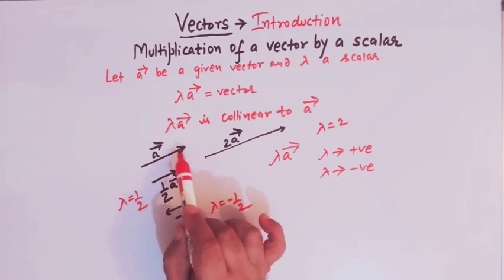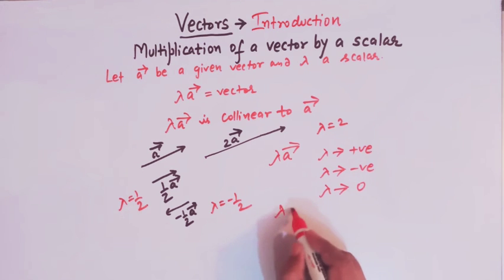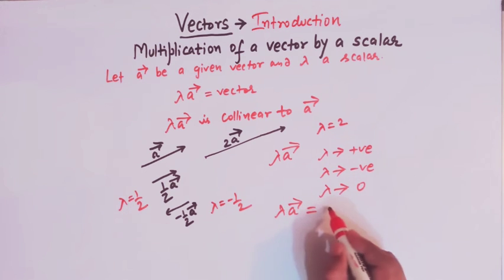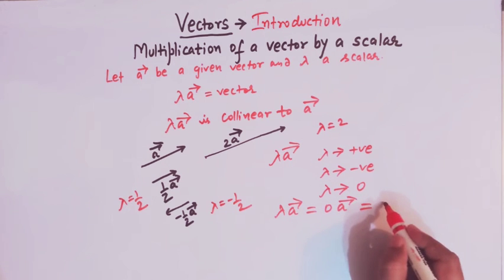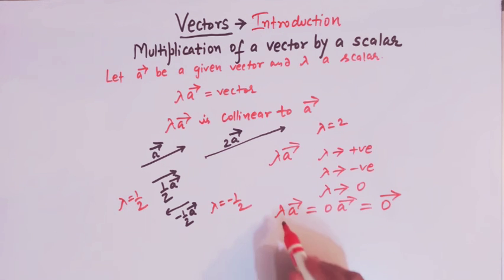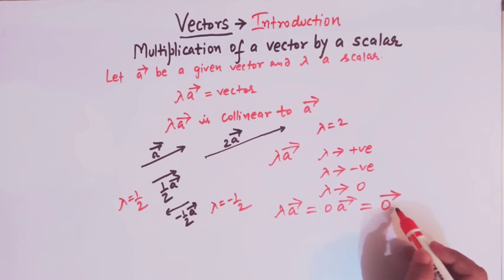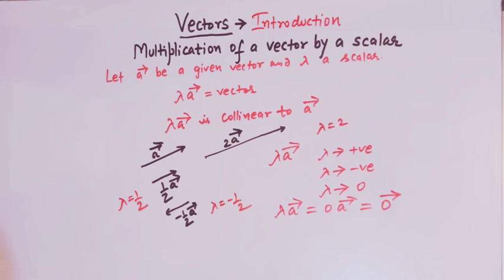direction of vector A. And if lambda is 0, then lambda times vector A becomes 0 times vector A, and this is equal to 0 vector, right? So in that case lambda A vector is equal to 0 vector when lambda is equal to 0, right?